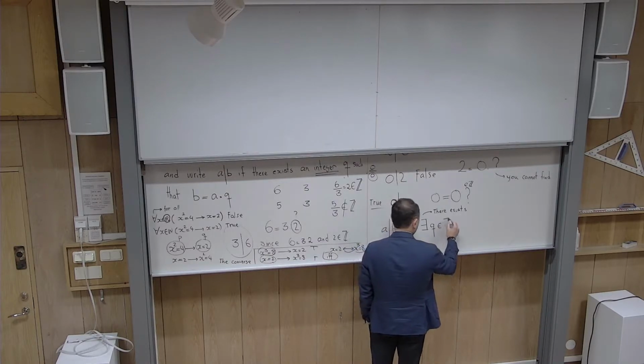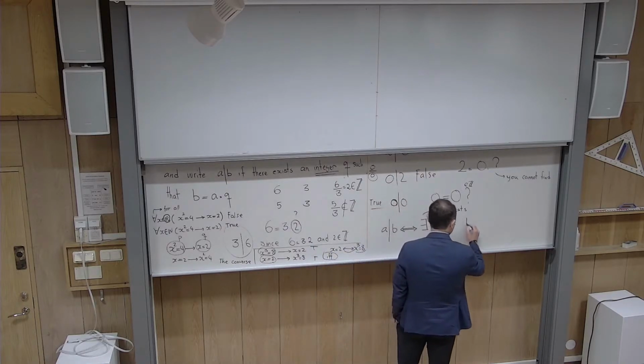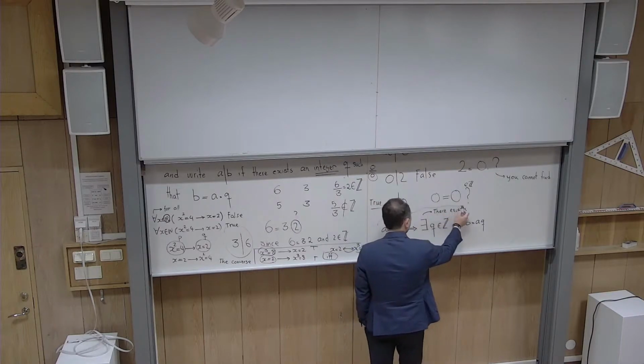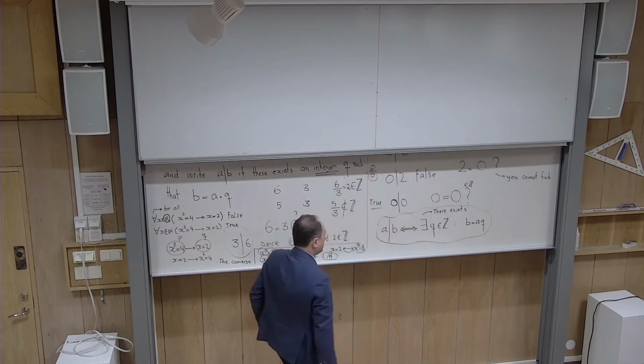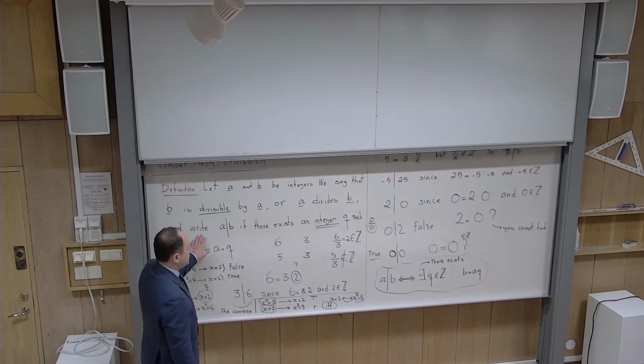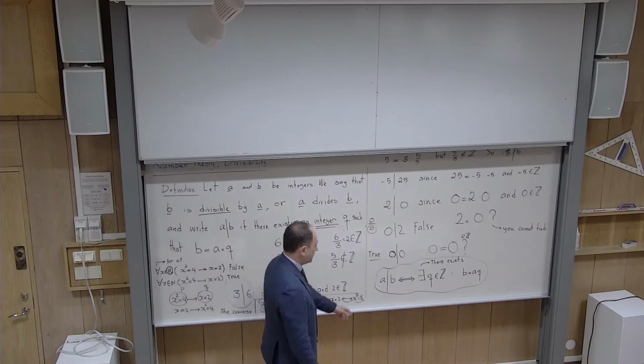In the set of integers, such that, this is such that, a semicolon, such that the number on the right is equal to A times the number on the left times Q. So this is the short way of writing that long sentence here. So it's better to write, to get familiar with the symbols.